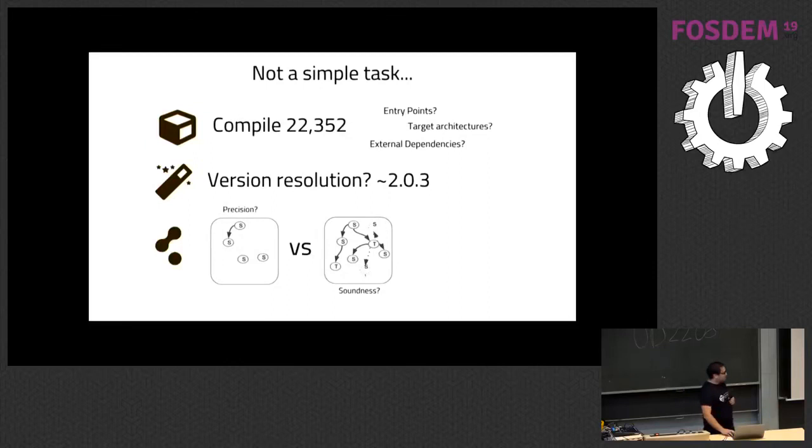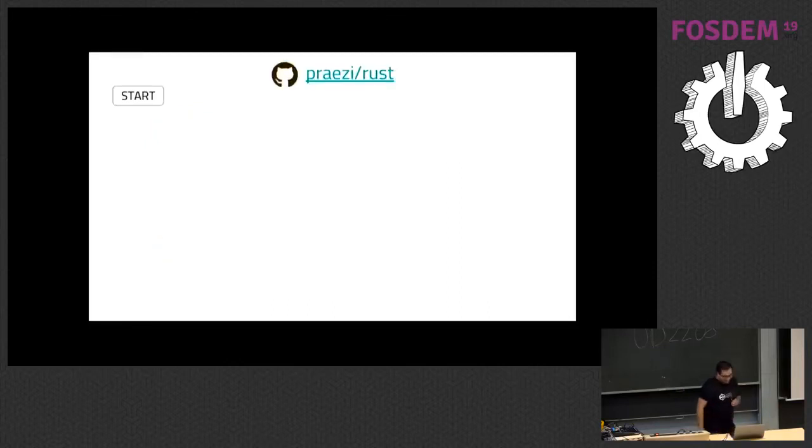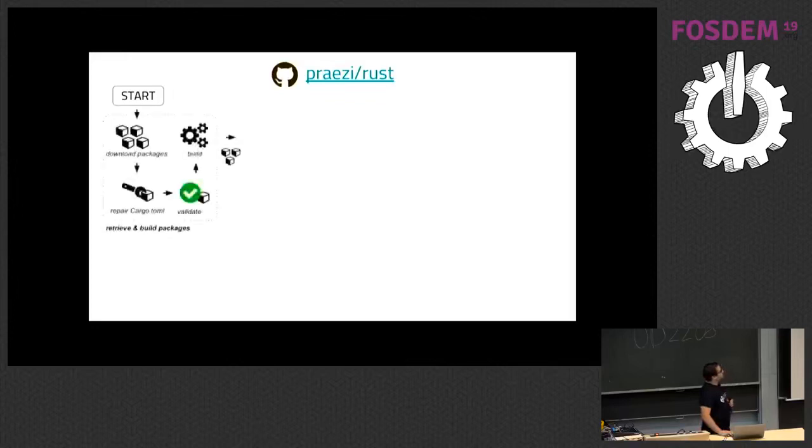So despite those aspects, I still went ahead and did this. And to give an overview of the approach, the first thing that I do is to retrieve and build the packages. That means downloading packages, and then I also did some cleaning in the cargo.toml files, because in some of the versions on Crates.io, you actually specify path dependencies, which do not exist when you use it.